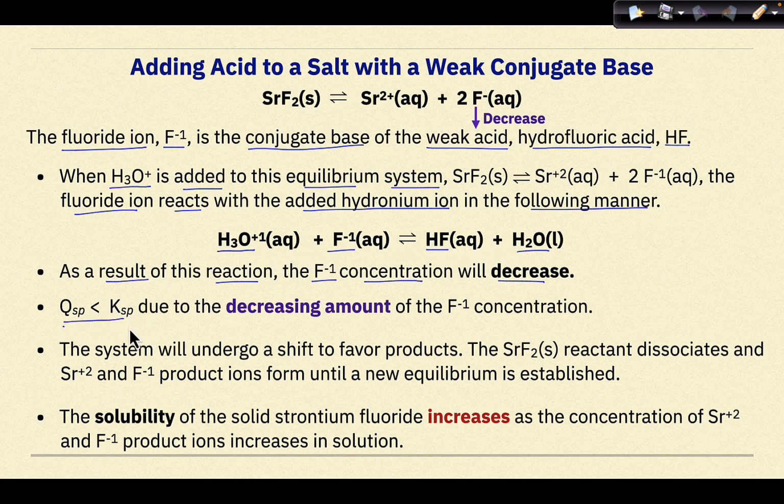Qsp is less than Ksp due to the decreasing amount of the fluoride ion concentration. The system will undergo a shift to favor products. The SrF2 solid reactant dissociates and Sr2+ and F- product ions form until a new equilibrium is established. The solubility of the solid strontium fluoride increases as the concentration of Sr2+ and F- product ions increases in solution.